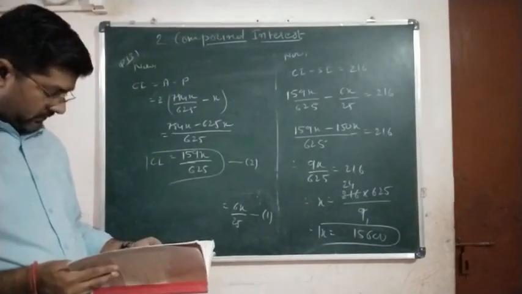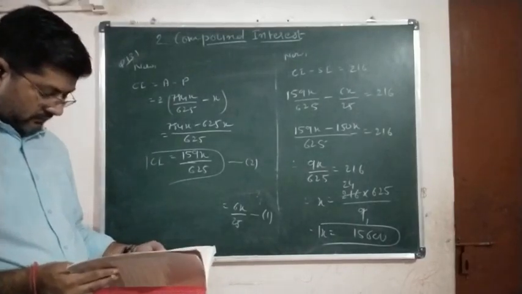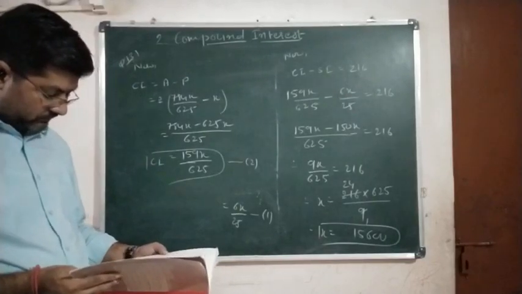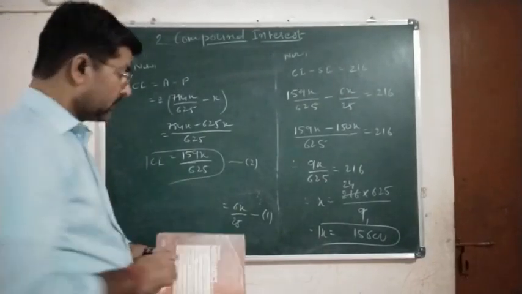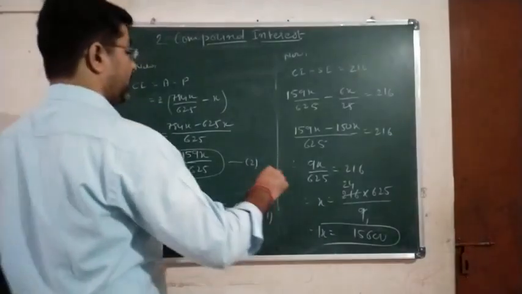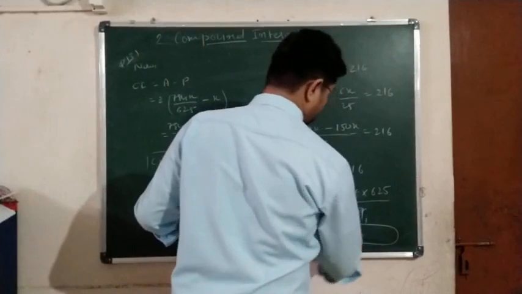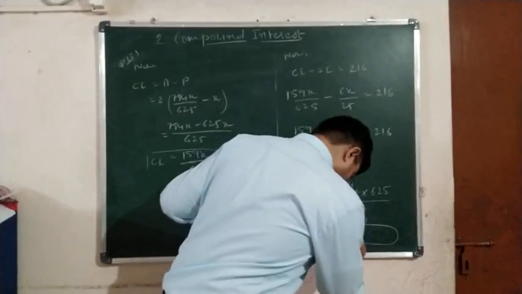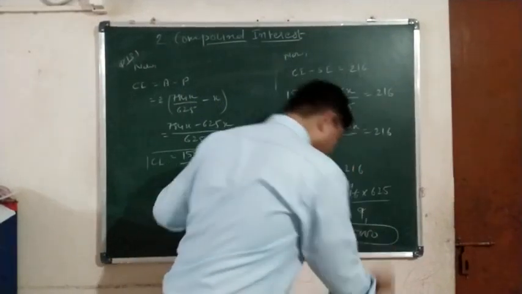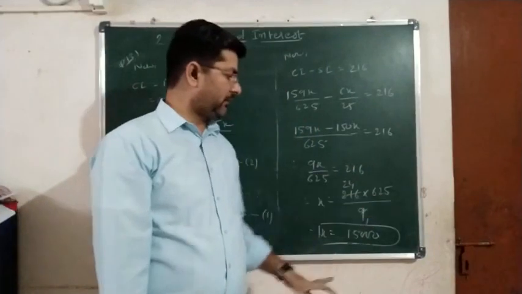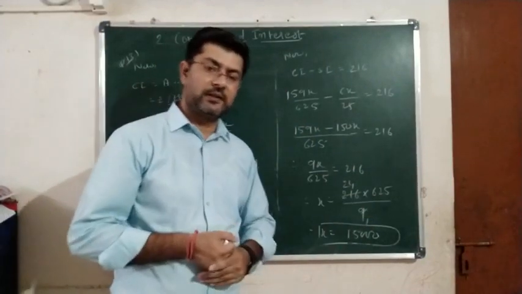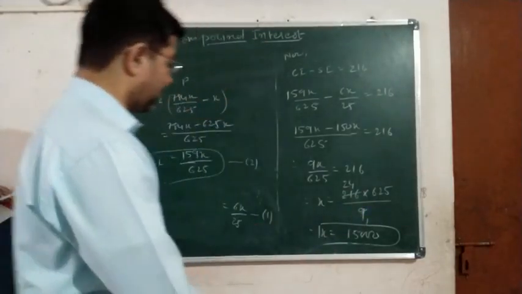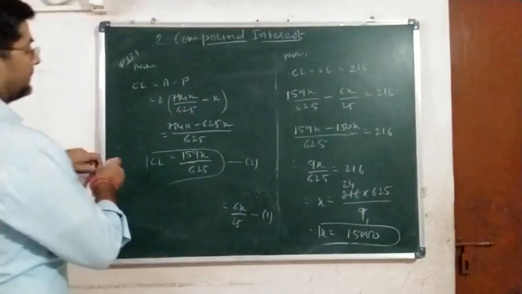Let us multiply and check. Yes, the product will be 15,000 only. Because 625 into 25 will be 15,625, so 625 into 24 will be 15,000 only, and therefore our answer is correct.